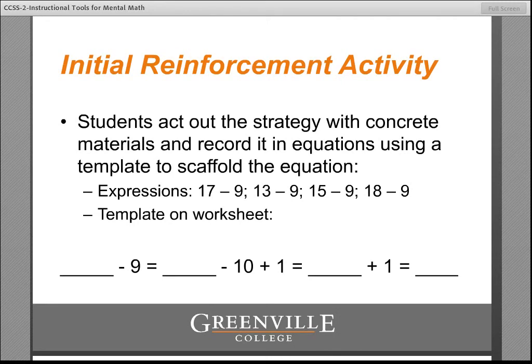So they can use that template and talk about it with their partners and act it out.